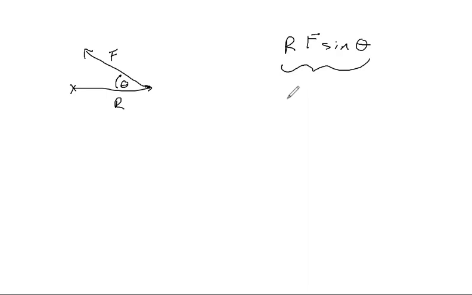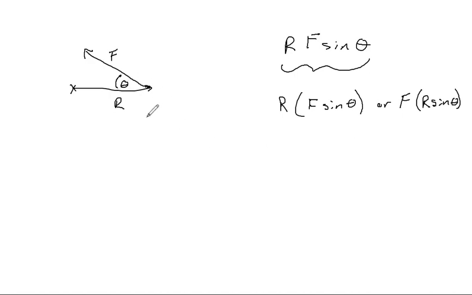Well, basically what you can do is you can either think of this as R times the quantity F sine theta, or you could regroup it and think of it as F times R sine theta.